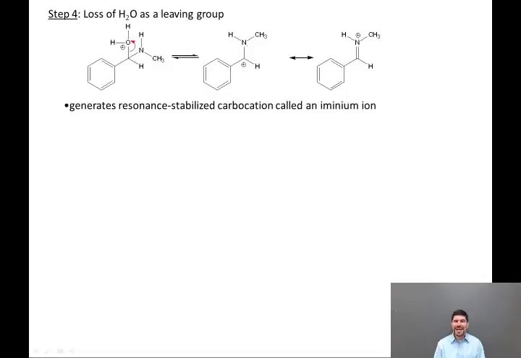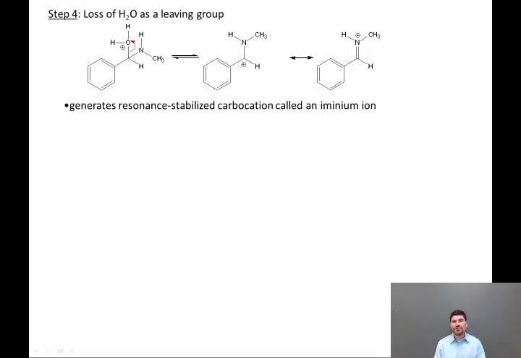Now this carbocation is an azocarbocation. You have a plus charge on a carbon next to a nitrogen, and another name for it is an iminium ion. Okay, so it is a resonance stabilized carbocation where we can have electrons from the lone pair on nitrogen come down and form a carbon-nitrogen double bond to get rid of carbon's electron deficiency problem and instead put the positive charge on nitrogen.